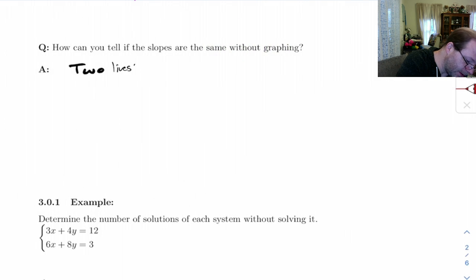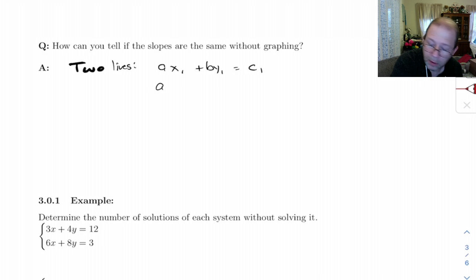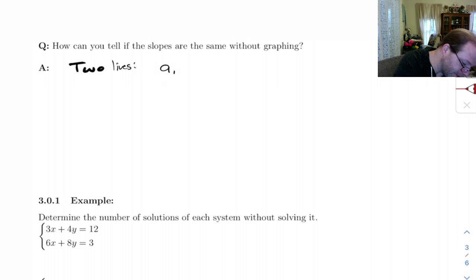Let's say the equations for them are a1x plus b1y equals c1, and then a2x plus b2y equals c2.